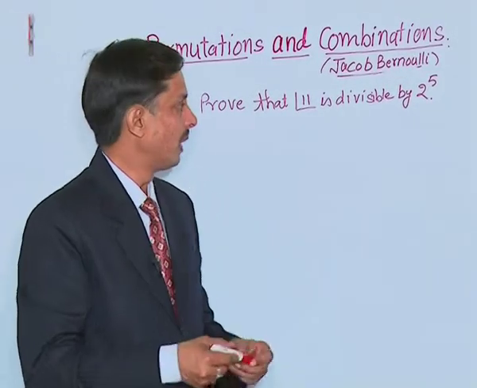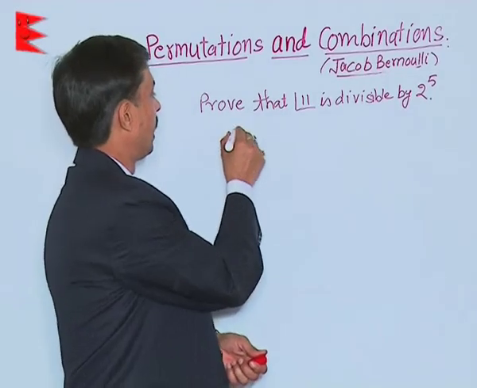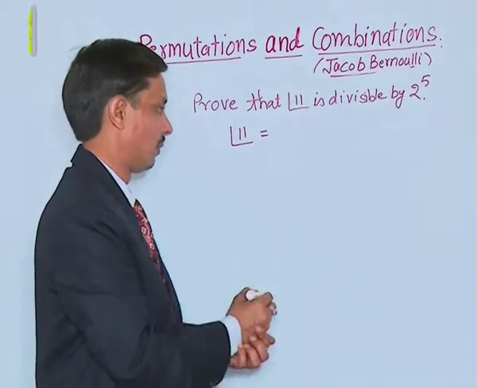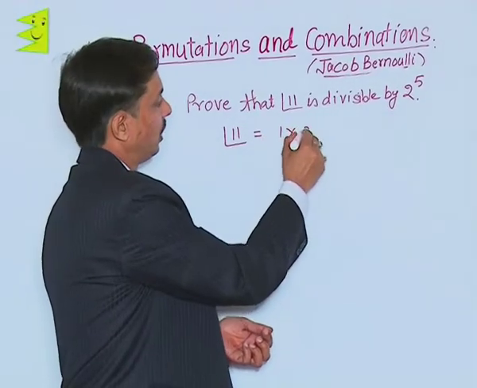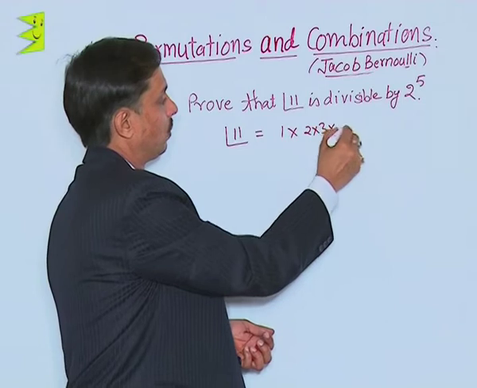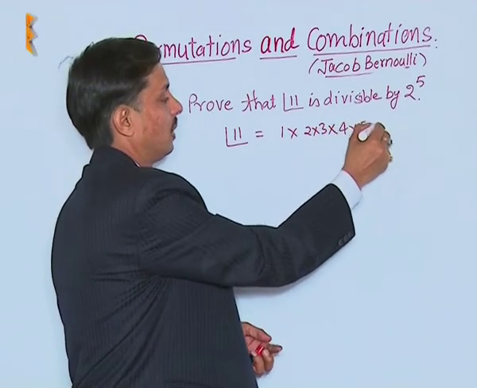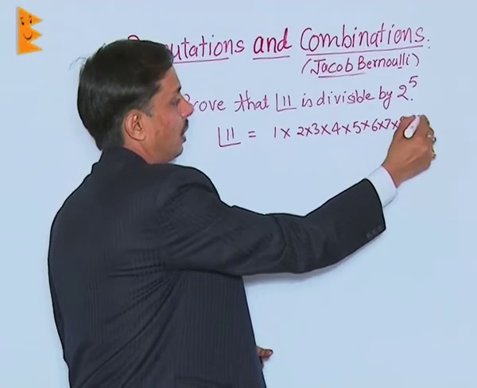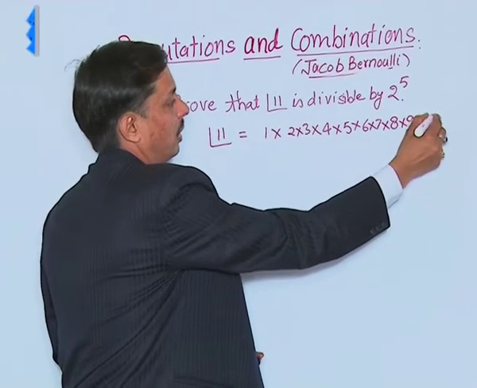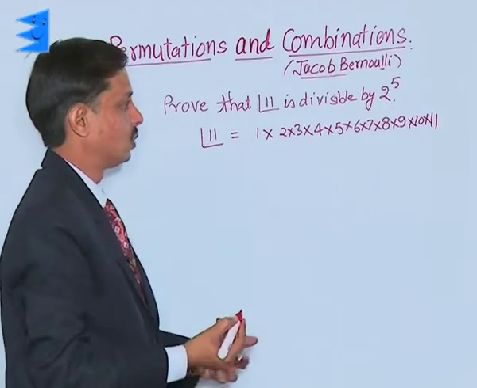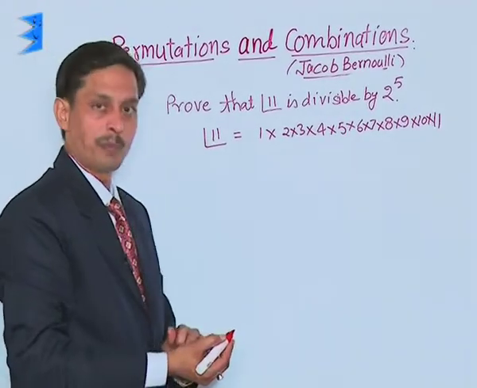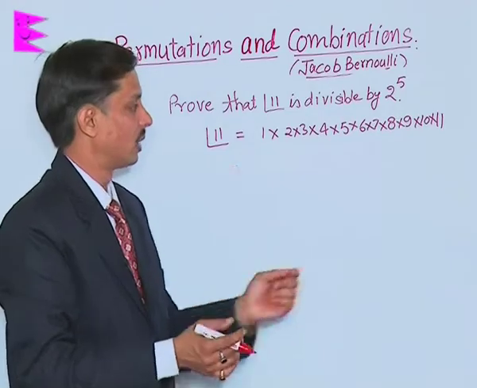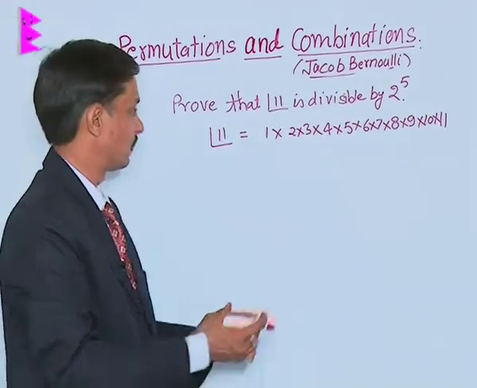In order to prove it, first of all, I will write the expanded notation of factorial 11, which is 1 into 2 into 3 into 4 into 5 into 6 into 7 into 8 into 9 into 10 into 11. That is usual. Whatever the factorial is, it is the product of that many consecutive natural numbers.